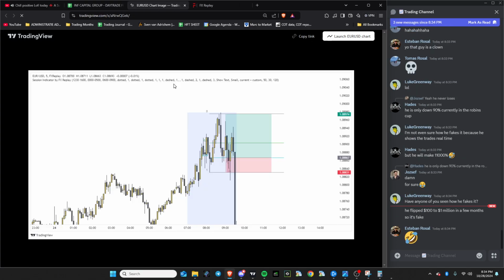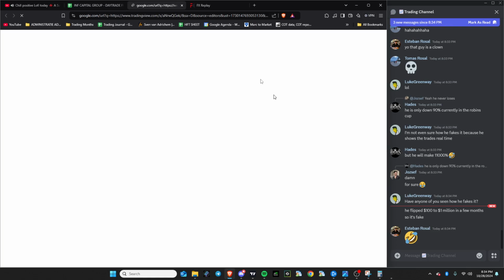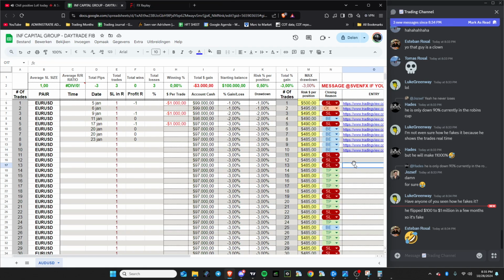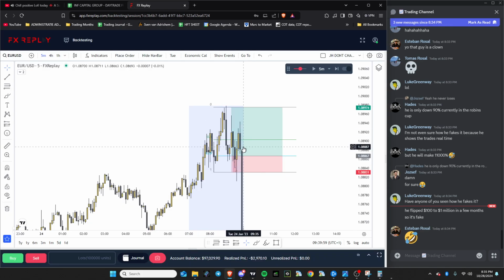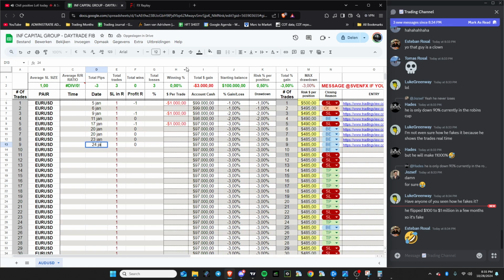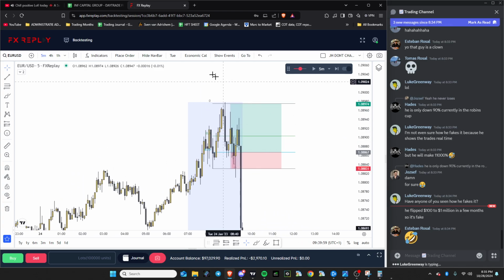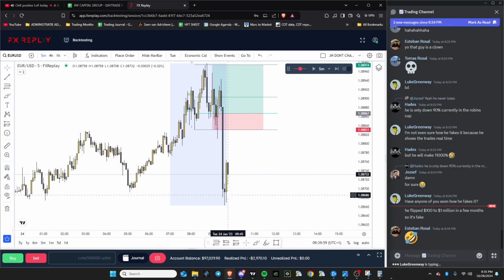Did I misinput a trade? No. Oh, duplicate. He flipped it. He flipped $100 to $1 million in a few months. Yeah, no way. That's bullshit. That's definitely fake. The lengths these people will go to sell shit.